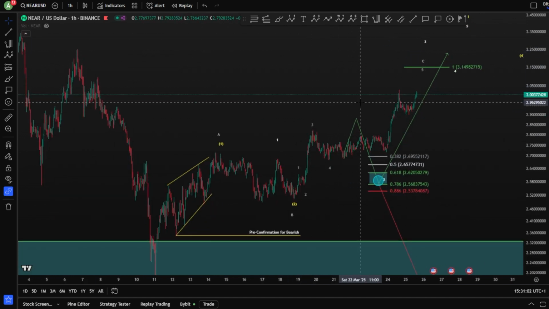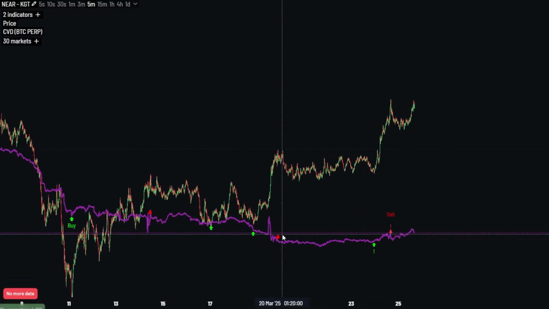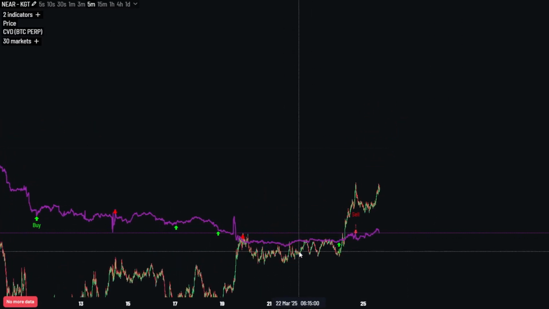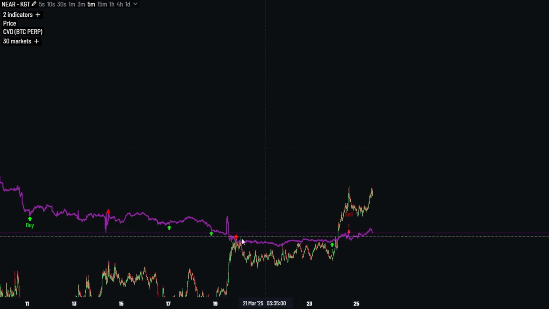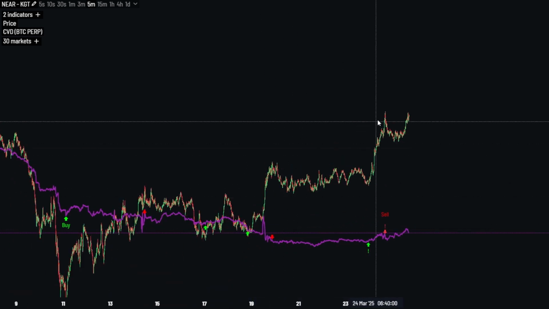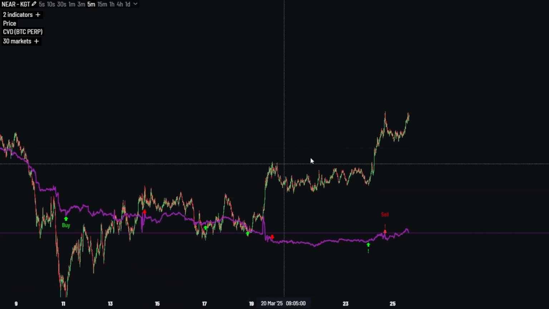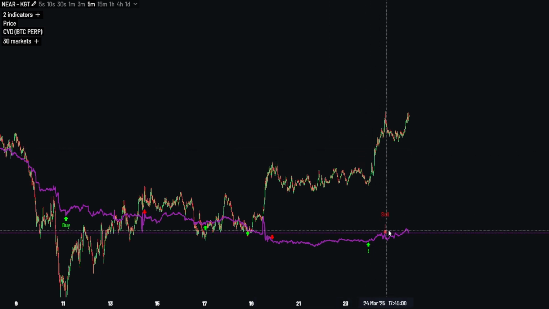Let's see a little bit on the KGT. What do we have? Very nice price action on the KGT. As you can see, invalidation of the bearish. As you can see, you have a bearish signal here. Invalidation since there is divergence, and we would like to see convergence with the price action and with the CVD line.